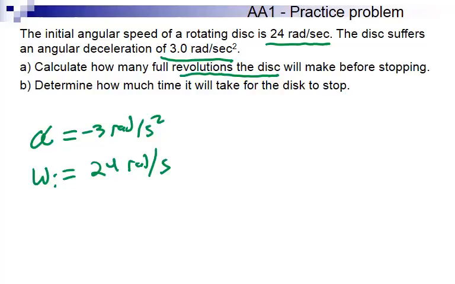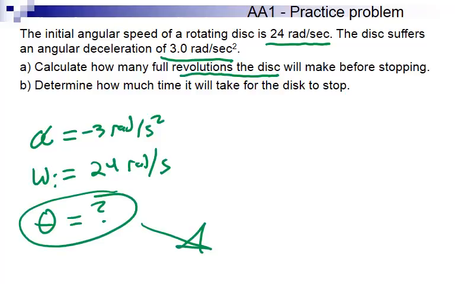Well, we can't really find that out yet. We can find out how many radians, though, and once we know that, we can figure out revolutions. And remember, one revolution is all the way around, which is 2 pi. And then you can find time as well. So see if you can use the kinematic equations to solve for that, and when you're ready to check, you can hit play to continue.